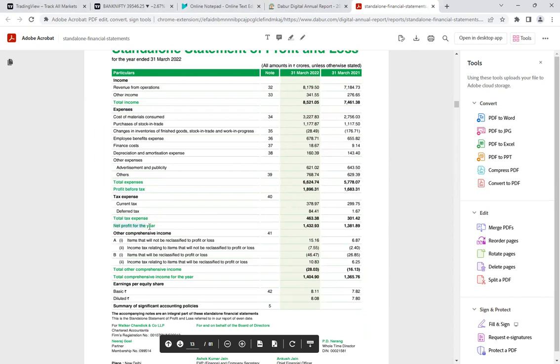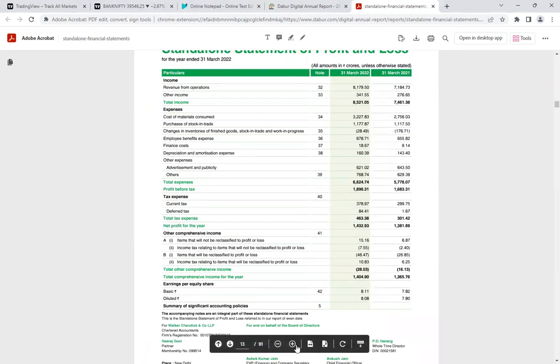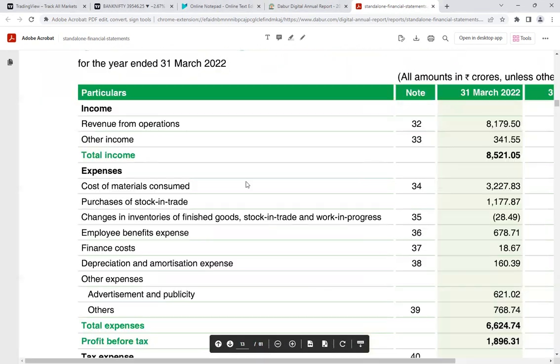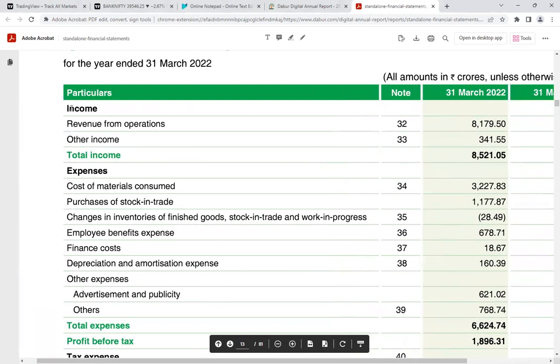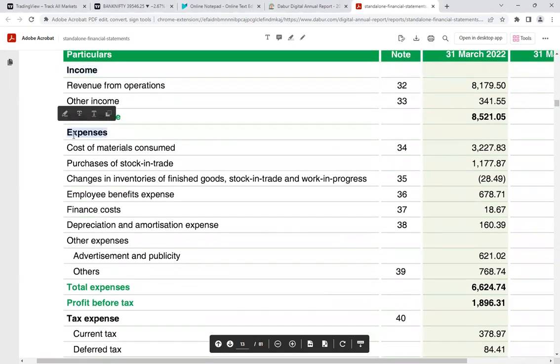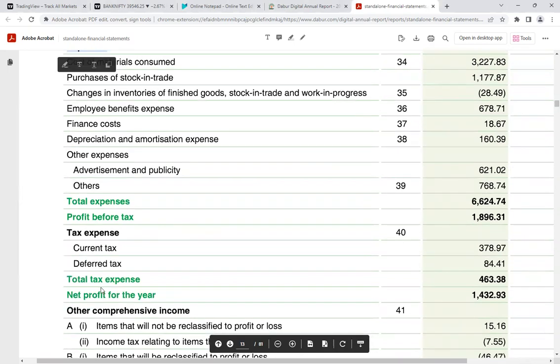I will zoom in so that you can clearly see the details. Okay, I hope it is visible for you now. So first they provided the income details or revenue details, and then the expenses, and then finally the net profit for the year.